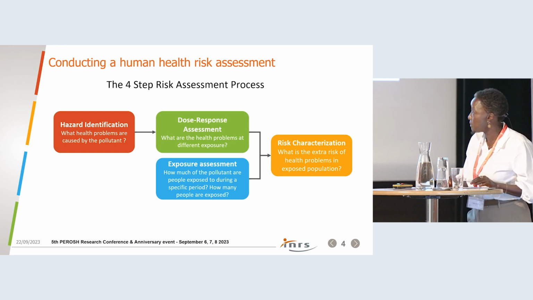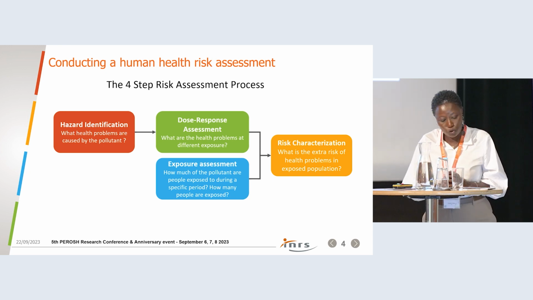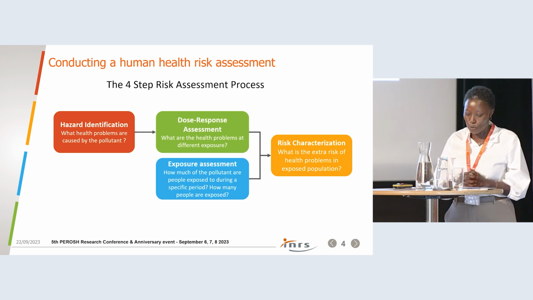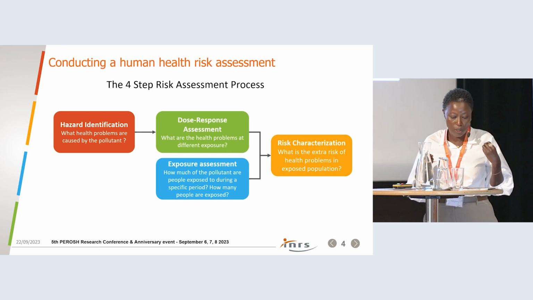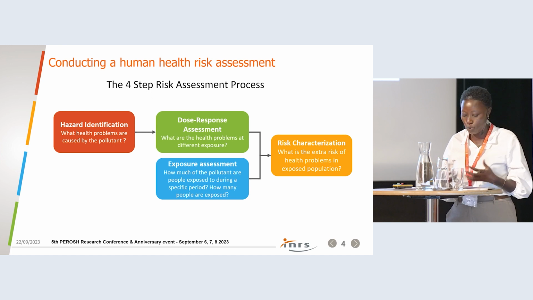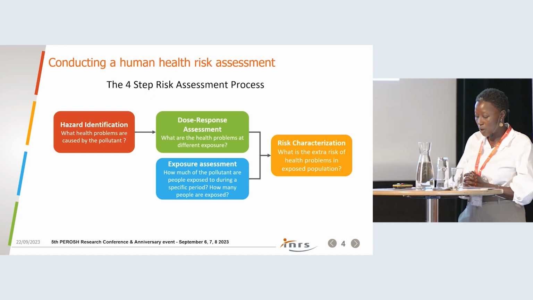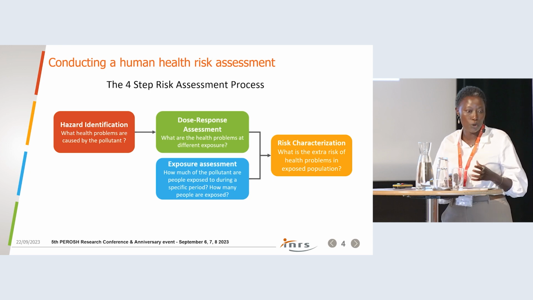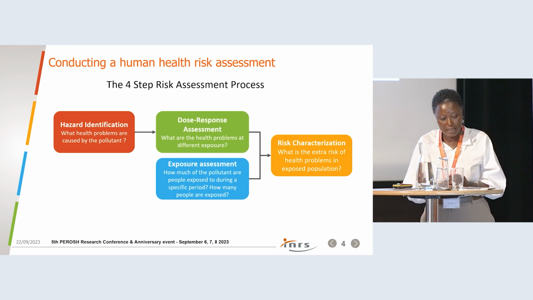Conducting a risk assessment for humans means that the principal objective will be to answer the question of the extra risk of health problems caused to an exposed population. The 4-step risk assessment process involves a structured approach, which is summarized in this slide.